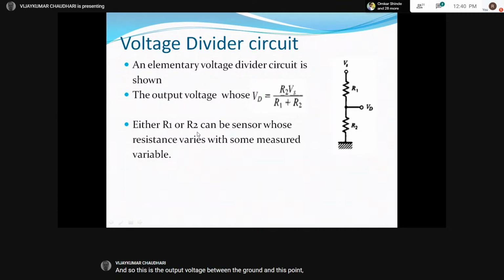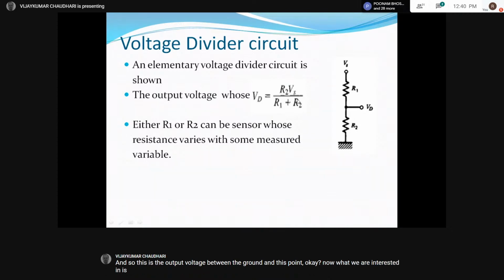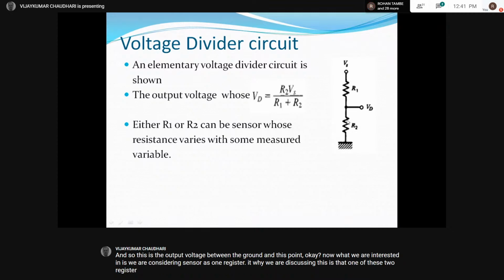Now, what we are interested in is that we are considering the sensor as one resistance. Why we are discussing this is that one of these two resistors is the resistance of the sensor that we are using in an instrumentation system, right? So what can be the sensor?